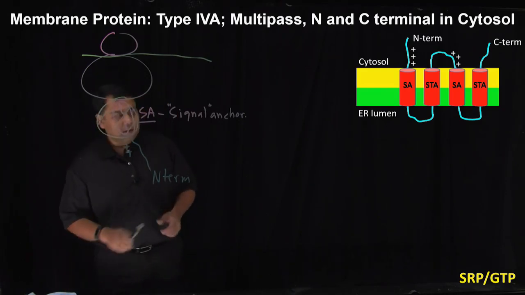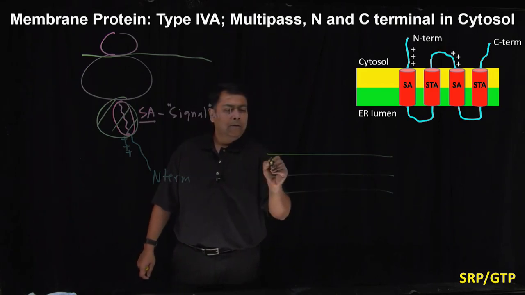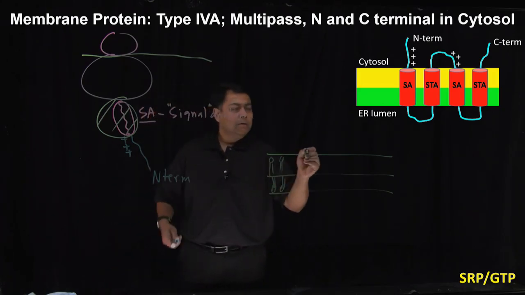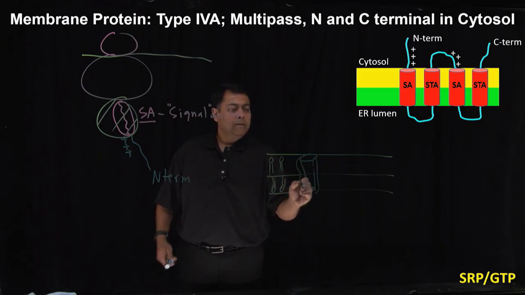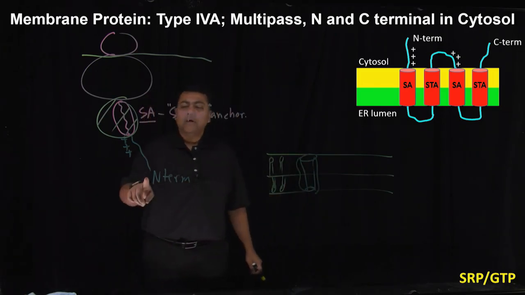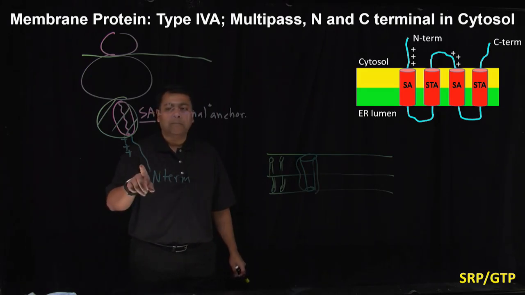Let's take a look at the membrane right here. You have the two leaflets of the membrane, and now you have the translocon right here, and the membrane. It is inserted. Remember that we already talked about this N terminal being in the cytosolic part.